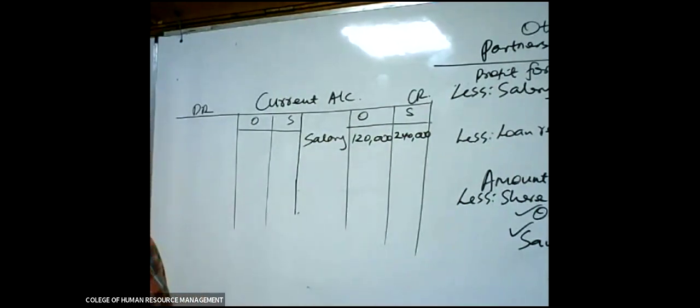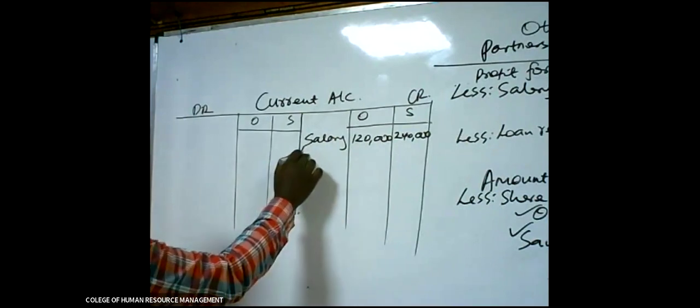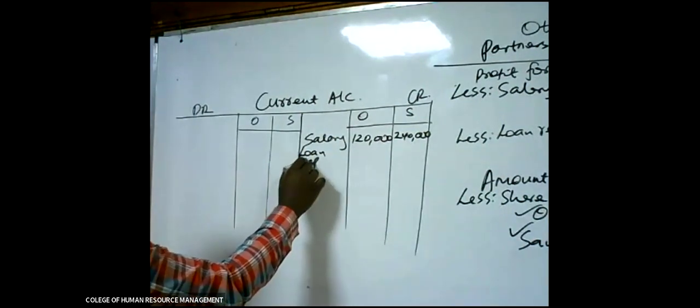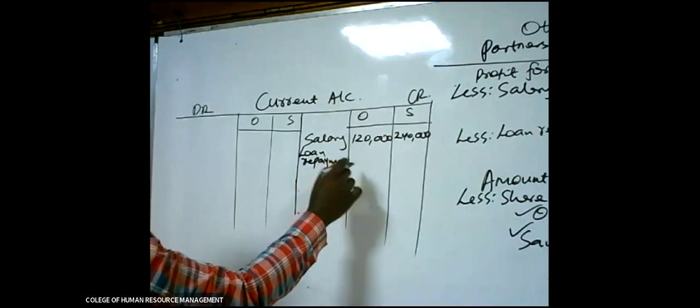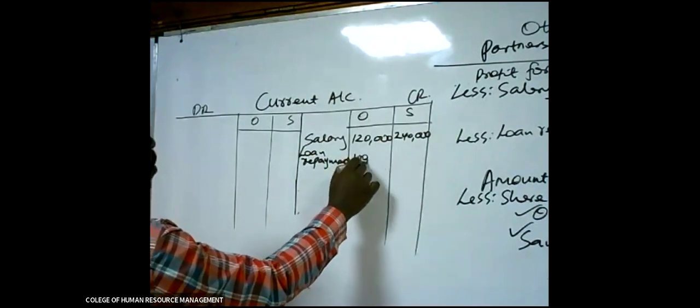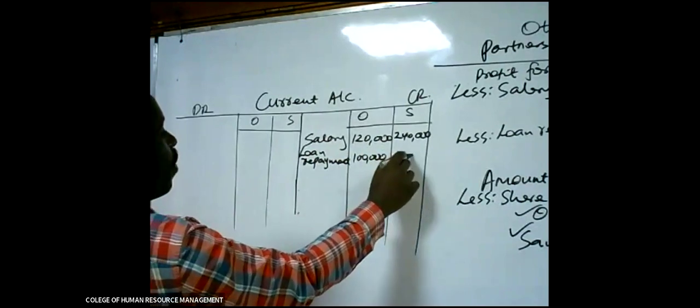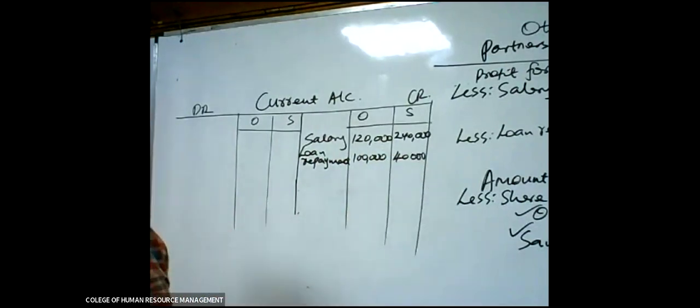Number two, it is about loan repayment. For Otis, 100,000. For the other one, 40,000. Loan repayment, that is another thing that they are receiving, anything that they are getting from the partnership.